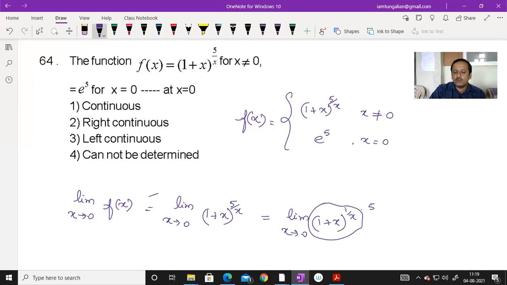You know that formula. So this value will be equal to e to the power 5, which happens to be the value of f of 0. So limit x tends to 0 of f of x is equal to f of 0. Therefore, the function is continuous at x equal to 0. A fairly simple problem.